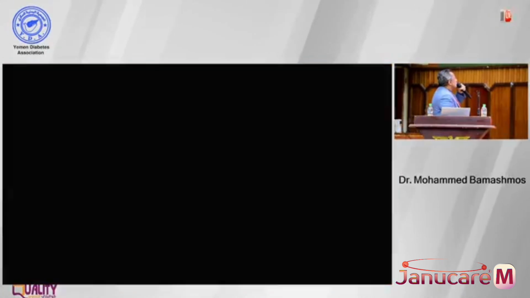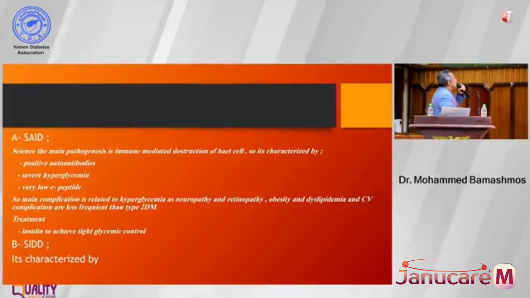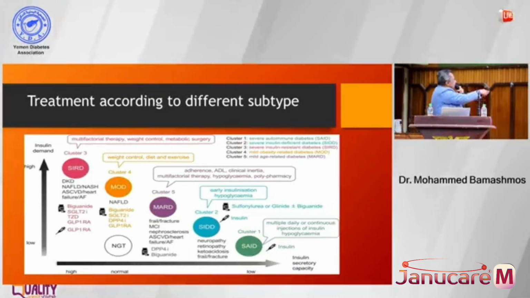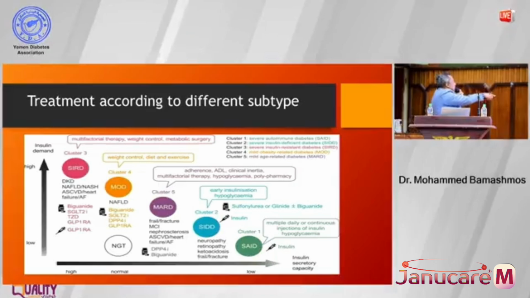You have to start with combined drugs including metformin plus a sodium glucose linked transporter 2 inhibitor. If this fails to achieve the glycemic target, you have to add a glucagon-like peptide 1 receptor agonist. Thiazolidinediones should be avoided because of fluid retention, which increases obesity and further insulin resistance.